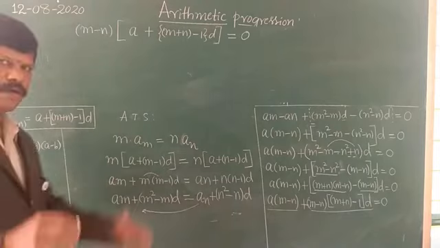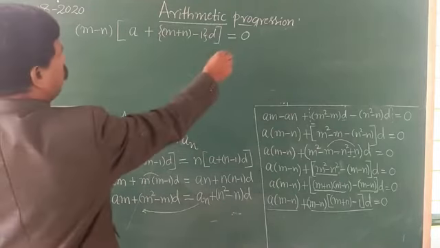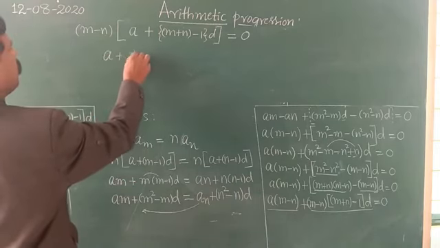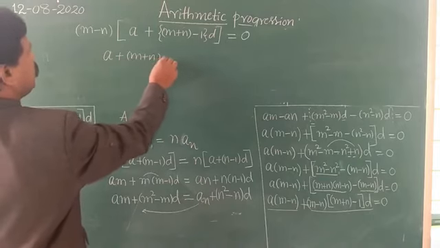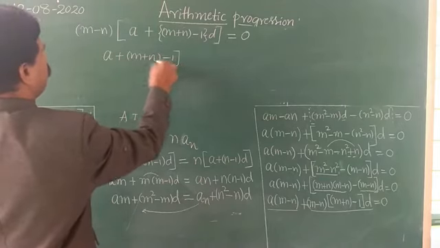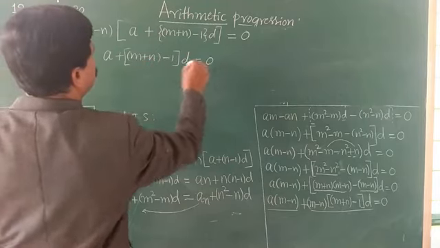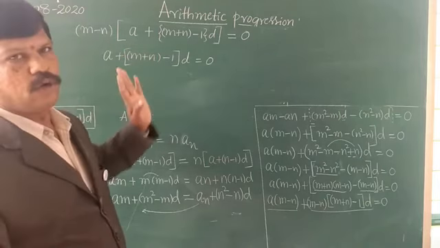Follow? Clear this? Now shift this m minus n down. Then a plus m plus n minus 1 into d is equal to 0 by m minus n, which is 0.